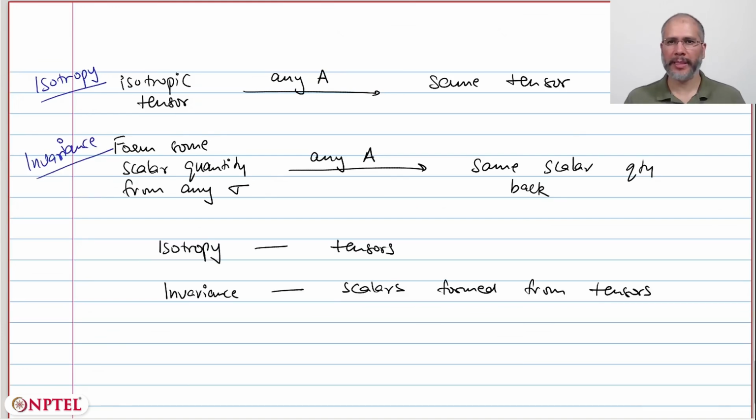Now, in some texts or cases, you would see that the idea of invariance is also used for tensors. That strictly is incorrect, but depending on the context, you will have to take a call. But for our discussion, we will keep the word isotropic for tensors and invariance or invariants for scalar quantities which are formed by applying contractions on tensors.